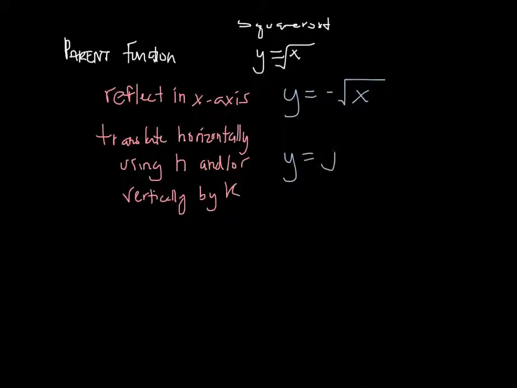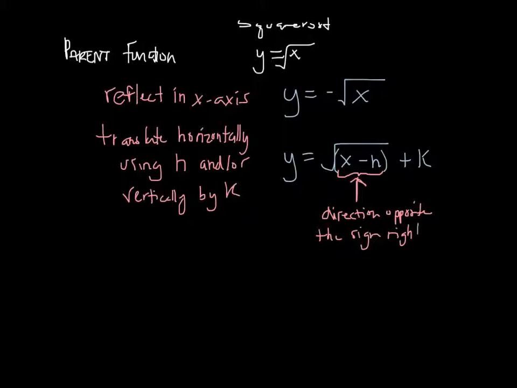Y equals the square root of x minus h plus k. Notice that the horizontal translation is signified by an operation inside of the parentheses. So you're going to move in the direction opposite the sign, right or left, h units.